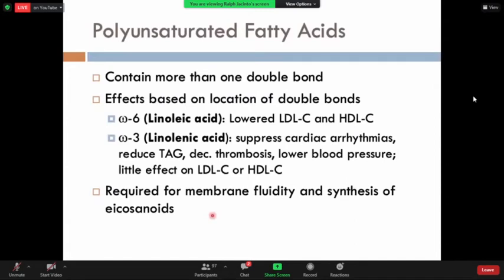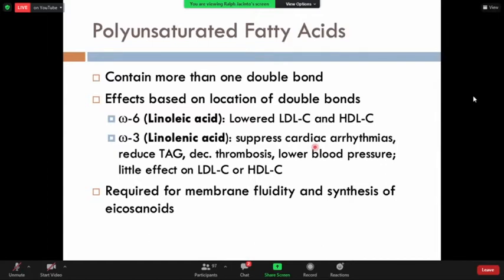Okay, and then we also have your polyunsaturated fatty acids, so more than one double bond. This can either be the omega-3, your linolenic acid, or omega-6, your linoleic acid. So this would be the effects of your omega-6 and omega-3 fatty acids. Now, if you can remember, these two are your essential fatty acids.